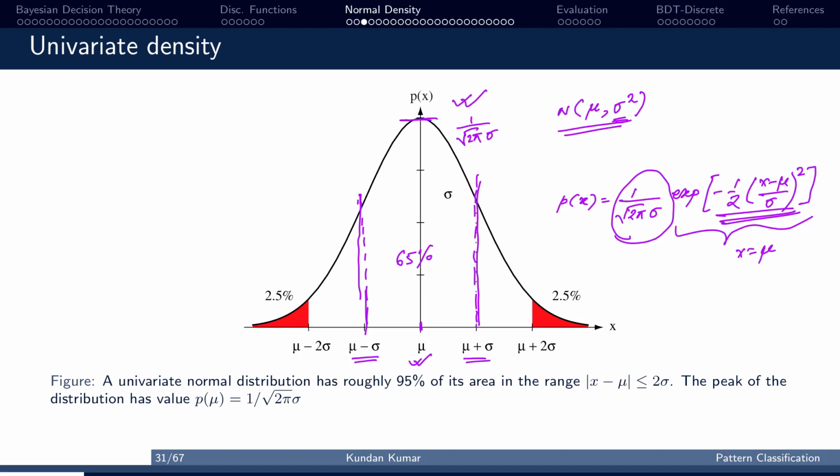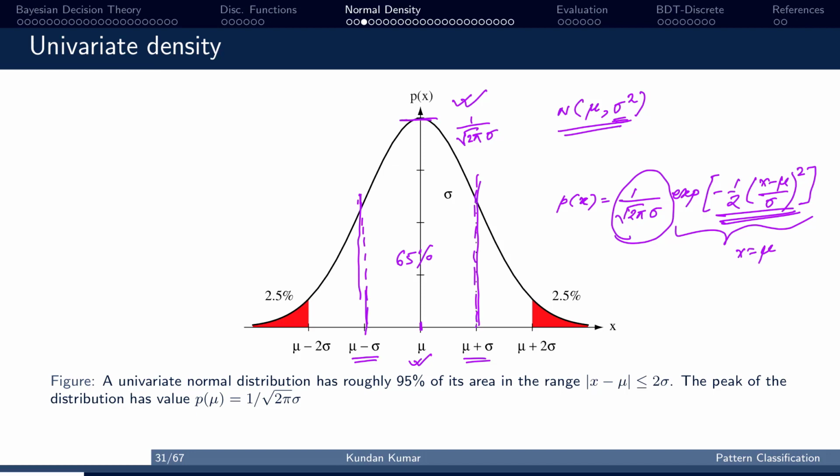That means this is the spread of the data that can be defined by the variance or standard deviation.